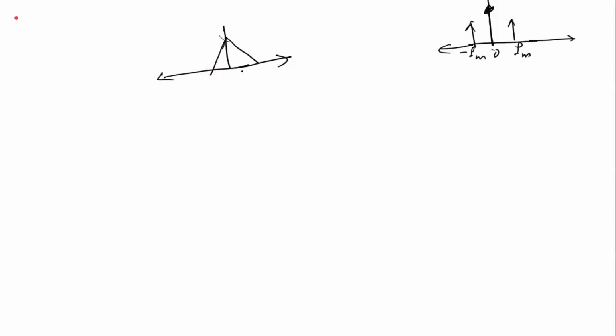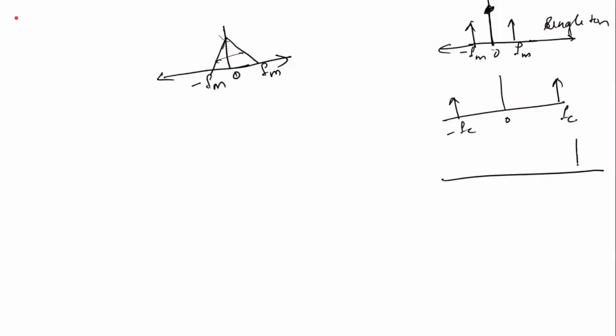Now I am saying that my message signal spectrum varies from minus FM to FM. I have a bandwidth, it is not a single tone. The earlier signal was single tone, single frequency. And I have a carrier, here an impulse at FC and minus FC as a mirror image. And my modulated signal has the spectrum like this.